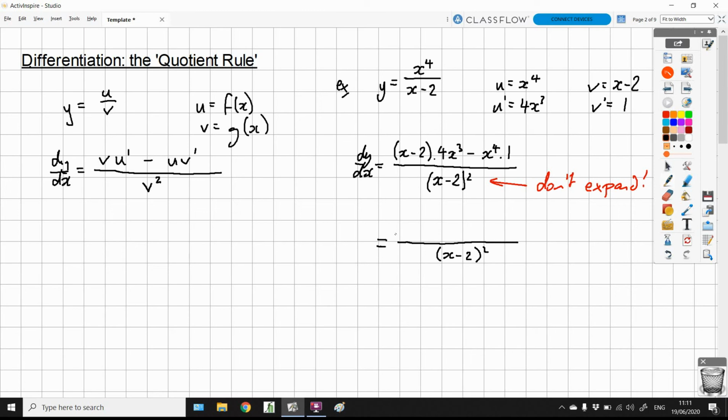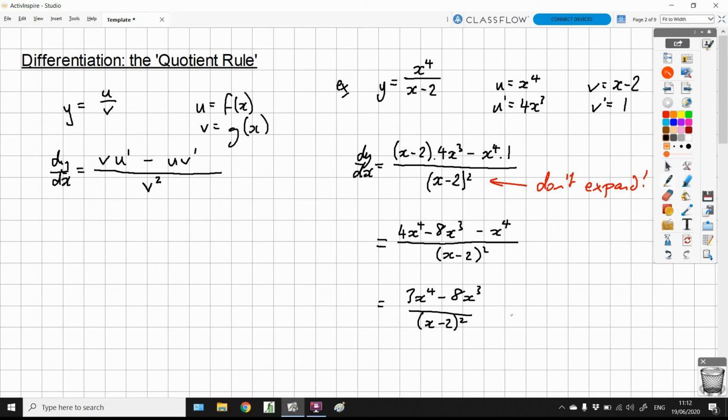In the top line, we do need to expand this, we do need to simplify it. We've got 4x to the power 4 minus 8x cubed minus x to the power 4, which gives us 3x to the power 4 minus 8x cubed all over x minus 2 squared.